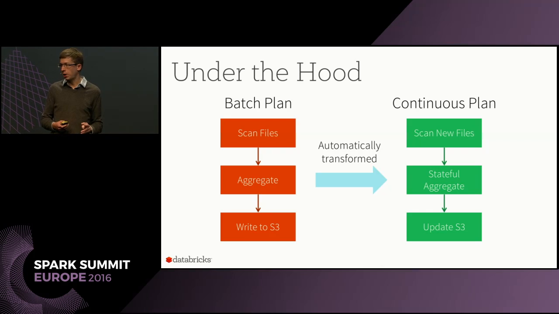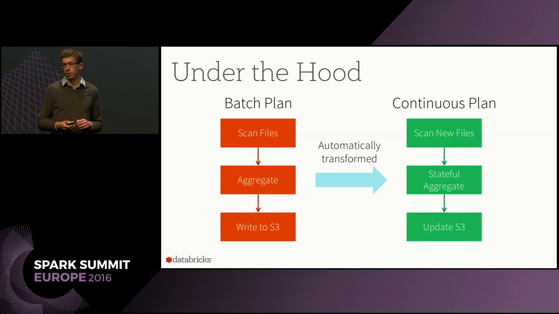For the streaming plan, we scan only the new files, we remember which ones we processed, then we do a stateful aggregate, so we have to remember the old state and update it for some keys, because there might be new events for those keys. And then we update S3 in just the output files that were changed, or the output partitions that were changed if you're using something like Hive. And we output the new data. So that's basically how structured streaming works.